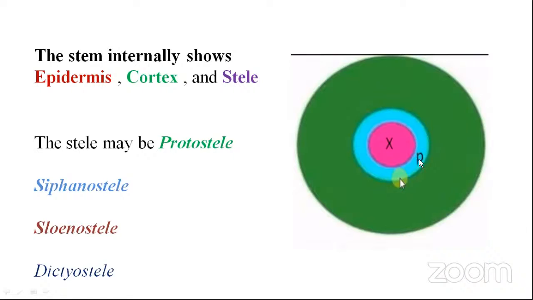The function of phloem is to transport food material. In the middle the xylem region is present, and peripherally the phloem region is present. This kind of stele is called protostele. We can define protostele as the core or central part having the xylem tissue.